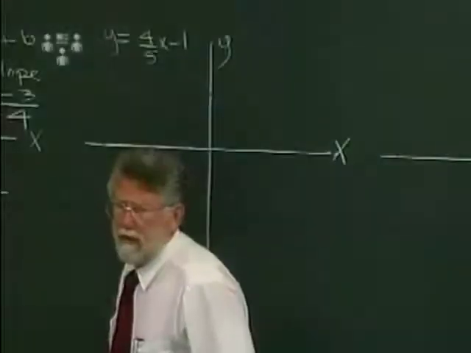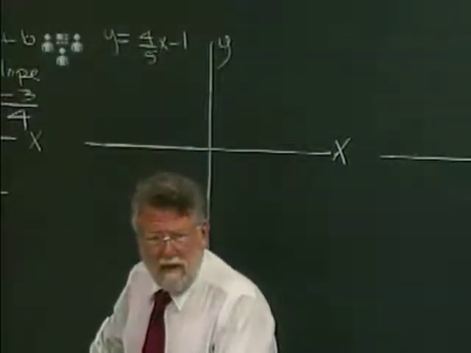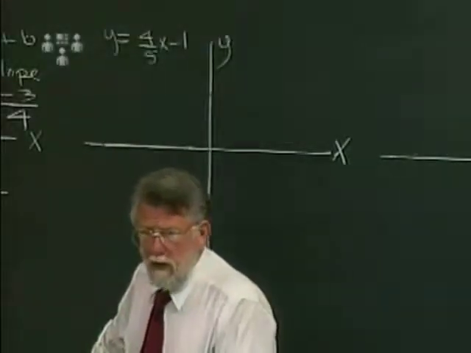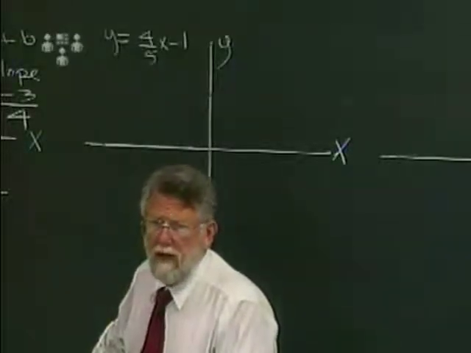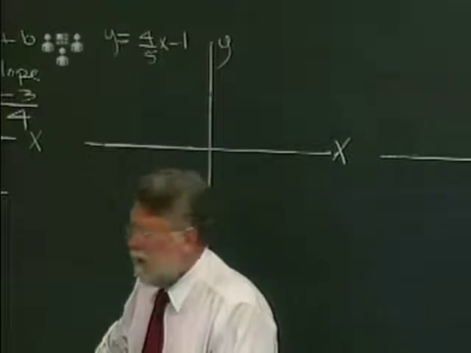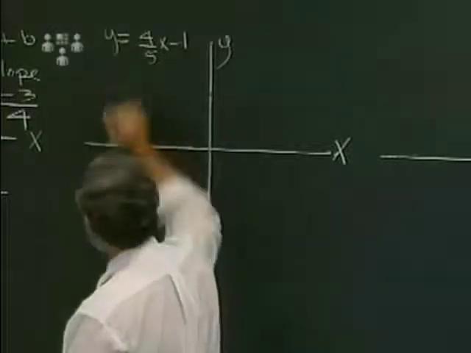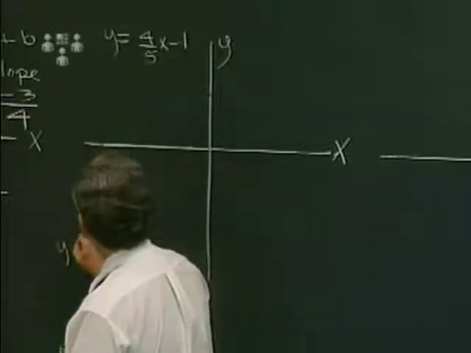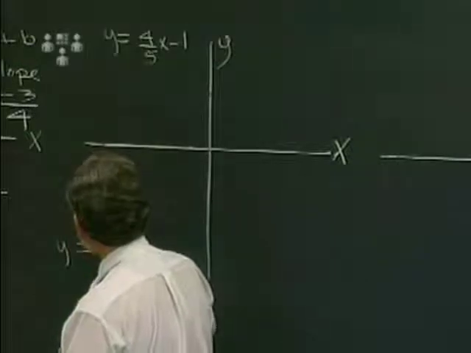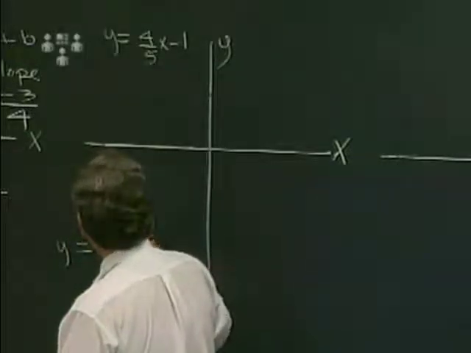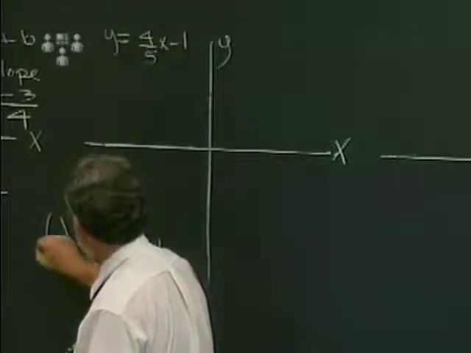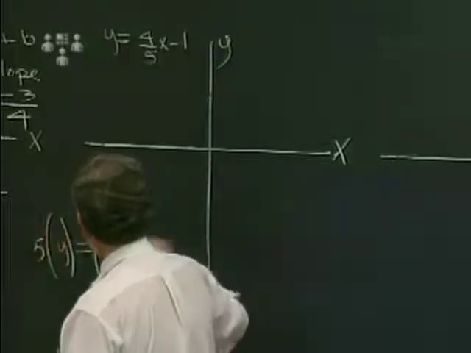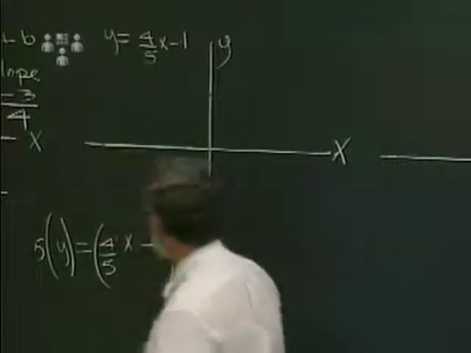Now just a comment here. This was set up for you in slope-intercept form. You need to understand that you have an option here. I can take this equation, and I'm going to write it down here for a moment, and I'm going to multiply the left side by 5 and the right side by 5.